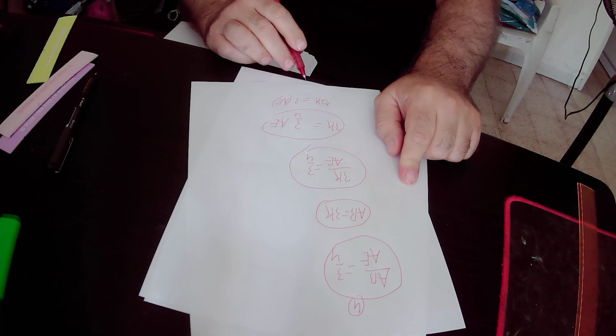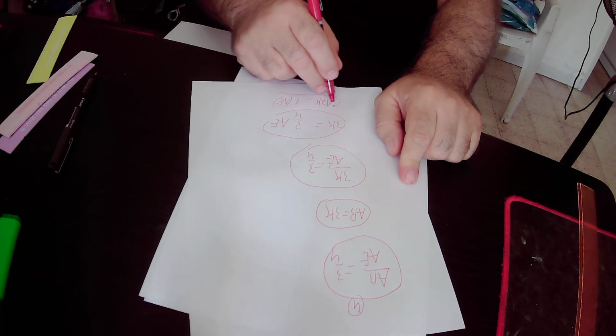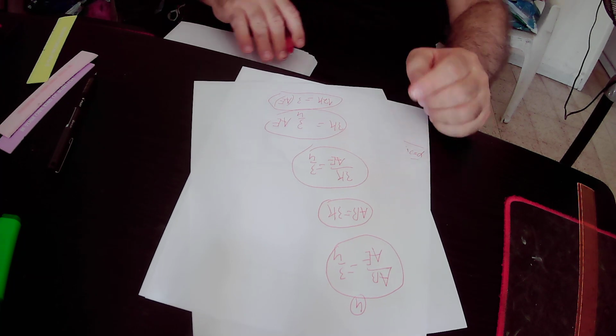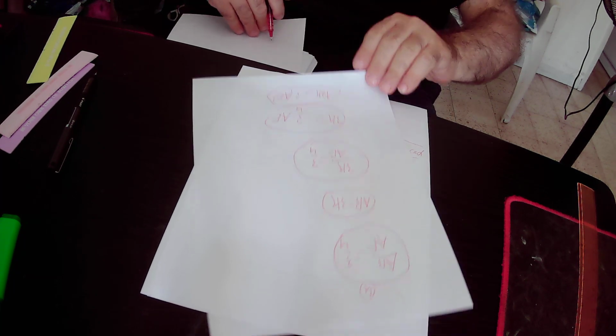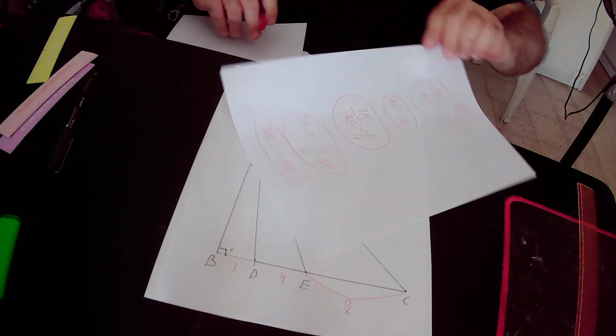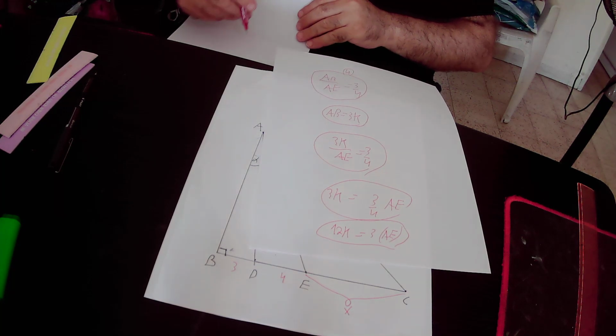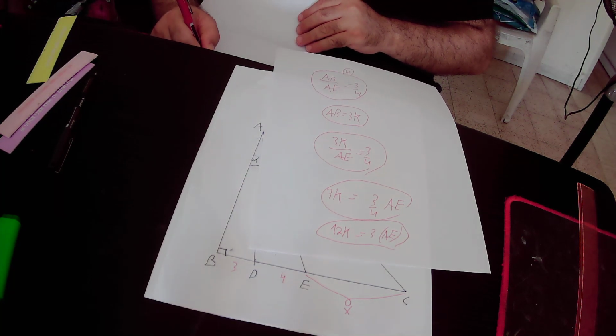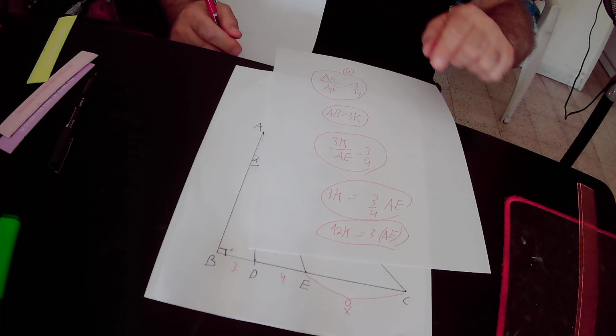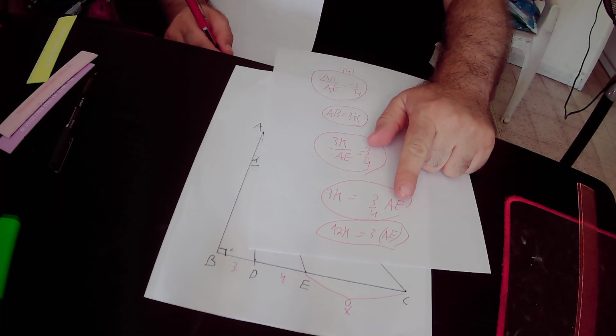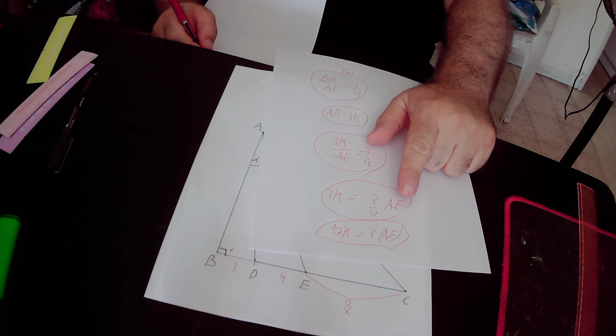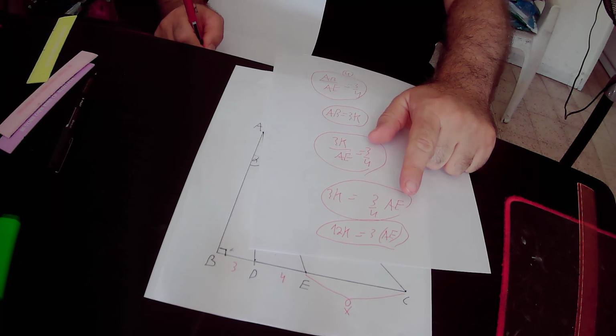Okay, here we will divide this equality by 3, and we will get that AE equals 12K over 3, which is 4K.